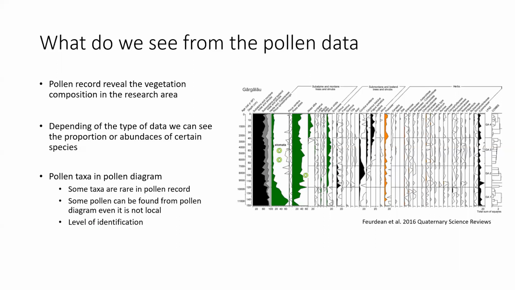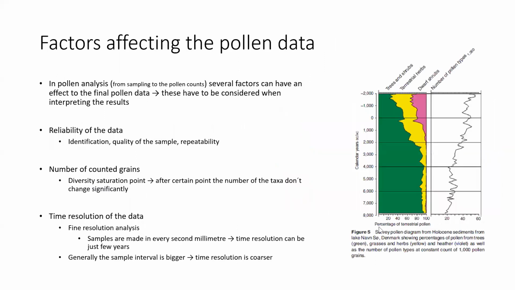And some of the pollen that can be found in the record may not be local. It might be transported from a longer distance, depending on the site. Also, the level of identification matters: whether we can get to species level, or if it's more family or genus level, and what we can actually say based on this.